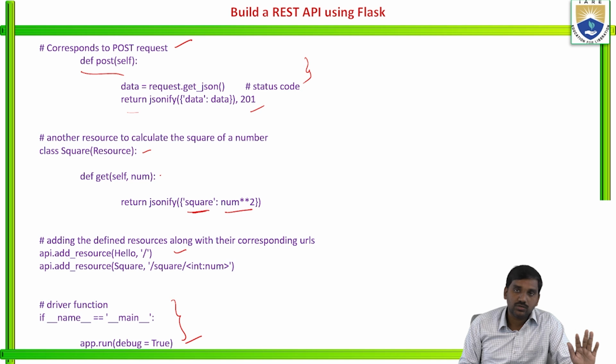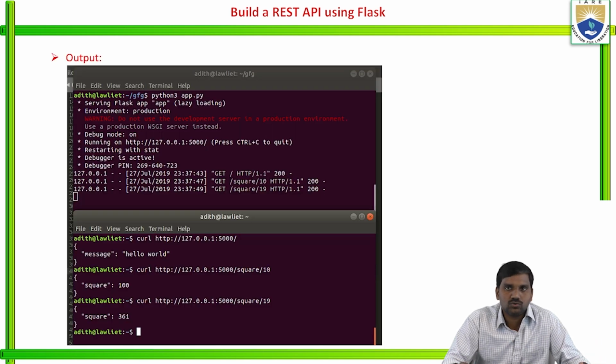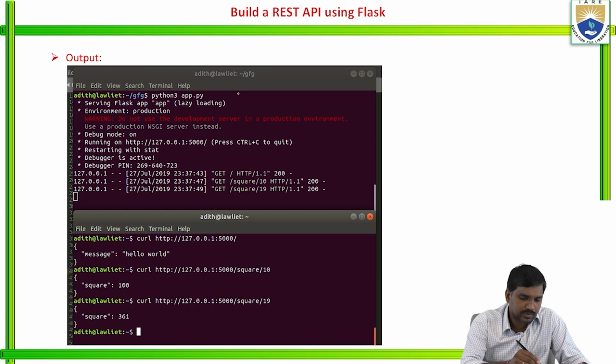When you execute the program in debug mode, the output will be shown like this. Environment production, debug mode is on, and the 200 code means a successful response will be received. For that we get Hello World, and the square of 10 is 100, the square of 19 is 361.